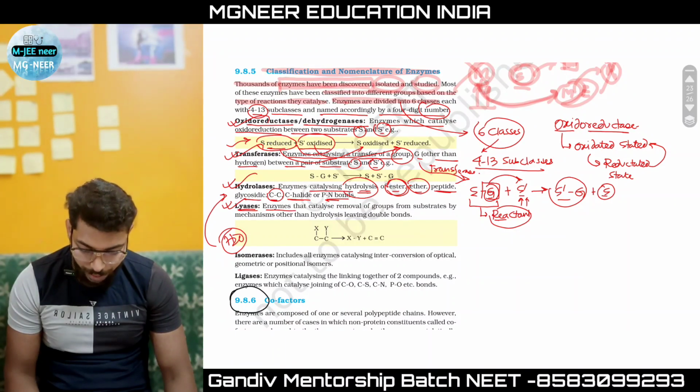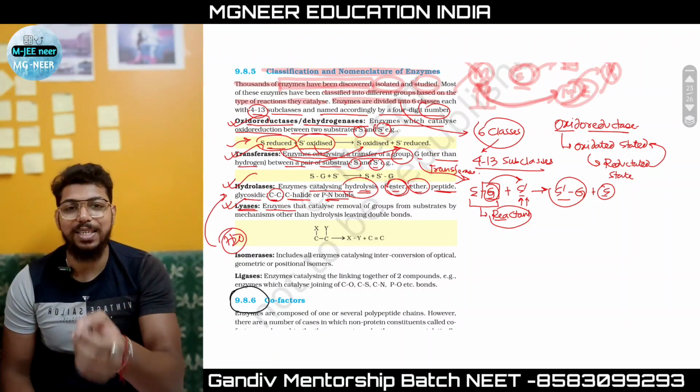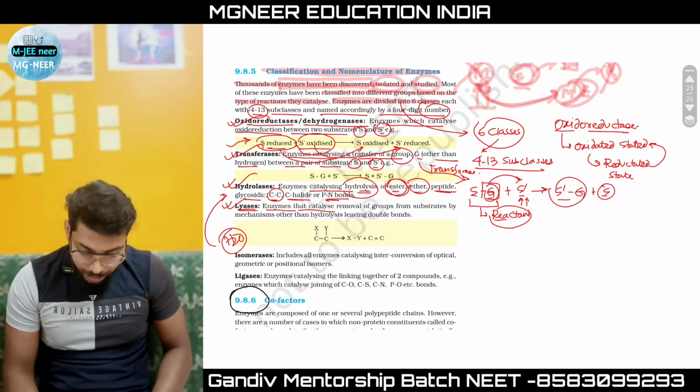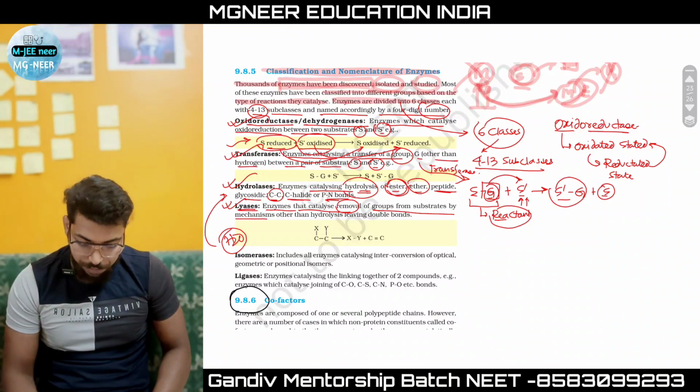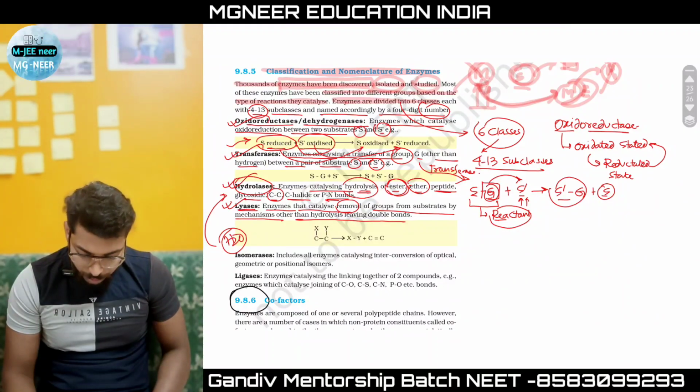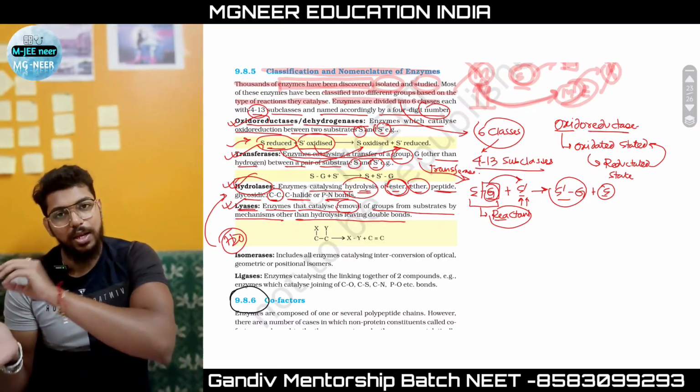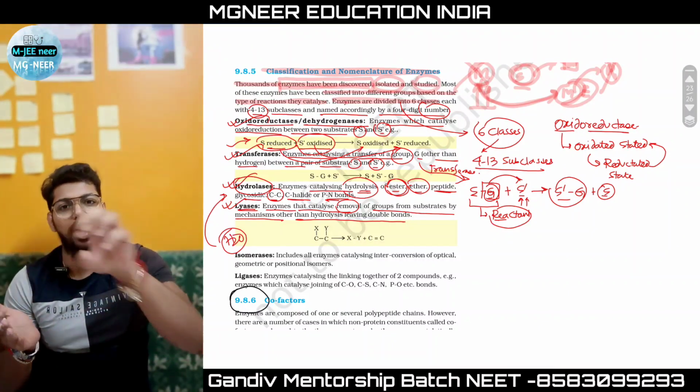Lyase. The meaning of lysis is breaking something. Lyases are enzymes that catalyze removal of groups from substrates by mechanisms other than hydrolysis, leaving double bonds. See, hydrolase is the kind of enzyme which throws water out from a particle.